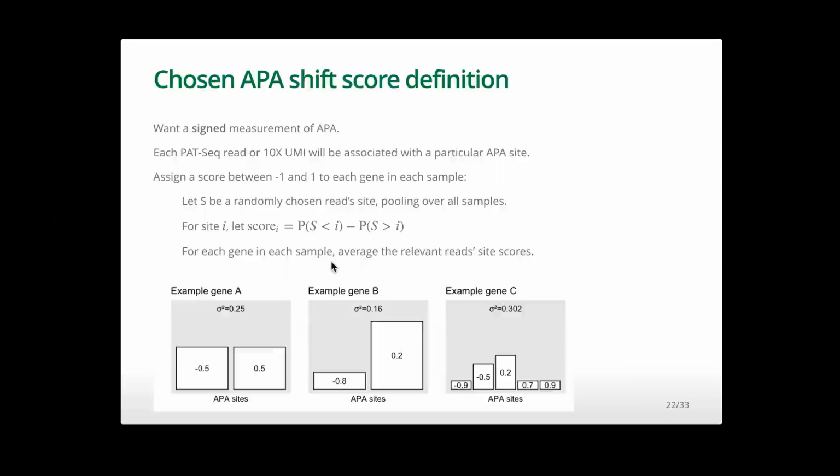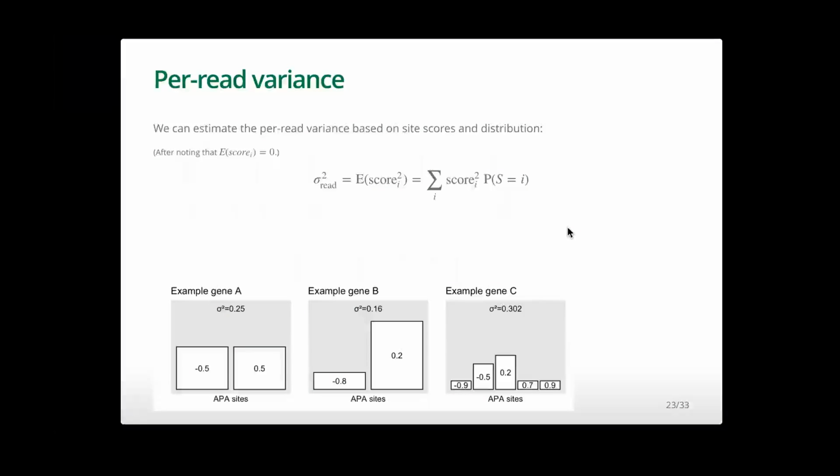But in any case, we've got this scoring scheme, and then each read, sorry, each UMI belongs to a particular site in a gene. So for each gene in each cell, we can average the score for each UMI. So anyway, that's the way I've chosen to quantify it. And now we want to be able to work with this sort of data.